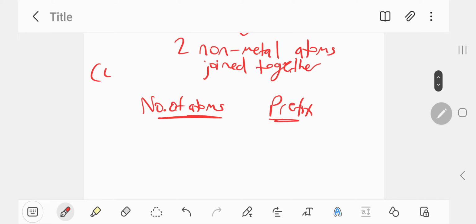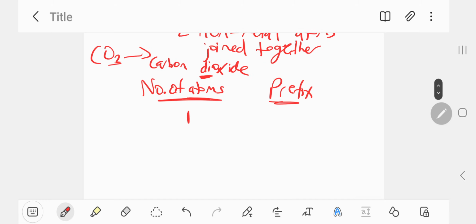Taking the example of CO2, when writing out the name of this, carbon dioxide, I should say the covalent compound, because it's made of carbon, which is a non-metal, and oxygen, another non-metal: carbon dioxide. The di is the prefix in this case.